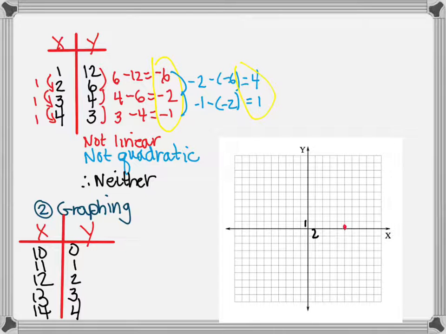And 10, 0, we've got 11, 1, we've got 12, 2, we've got 13, 3, and 14, 4. And these points appear to fall along a line. So I can draw a line through this. And if you recall, we had constant first differences, and this does look like it's a linear function.